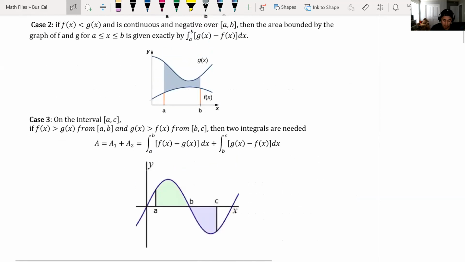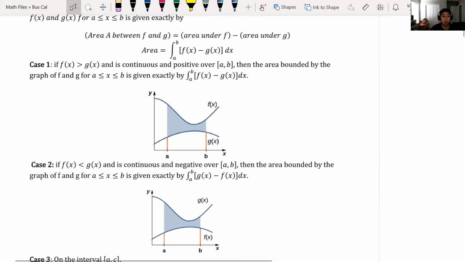So not case 3, not case 2, case 1. Case 1 has f of x above g of x, which means we get to use this integral of f of x minus g of x, okay? So this will be a case 1.